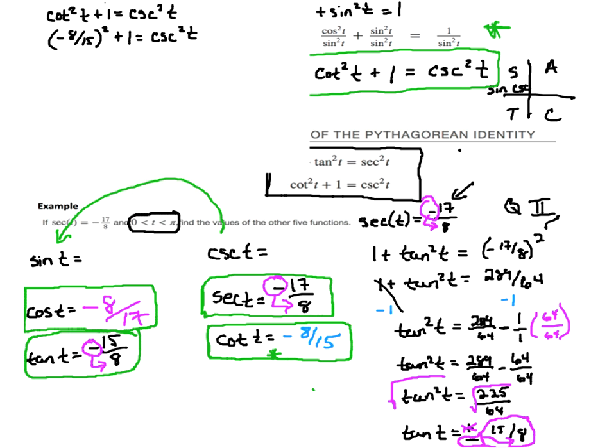So that is 64 over 225 plus 1. And I'm going to put the 1 over 1, and come back and get a common denominator. That's 225 over 225. And that's going to equal the cosecant squared.